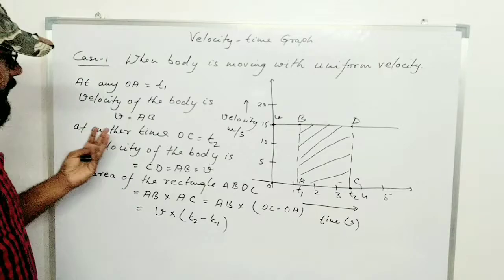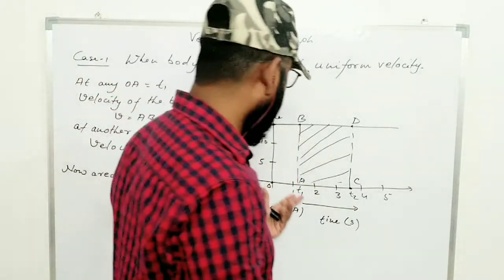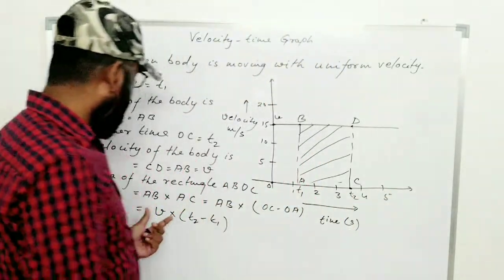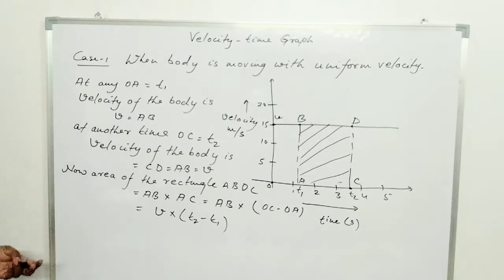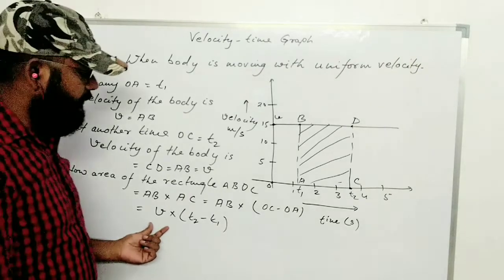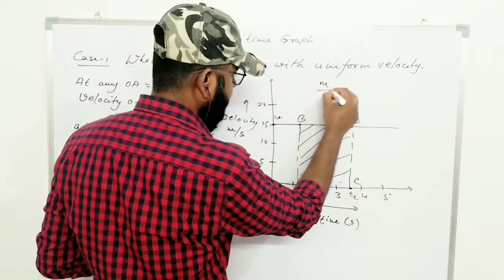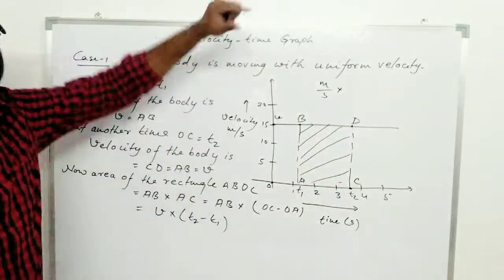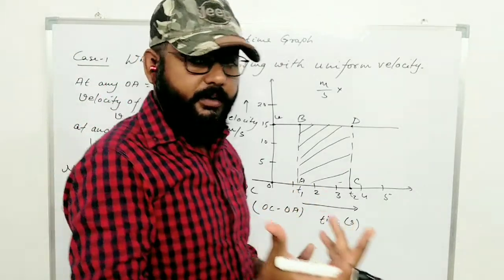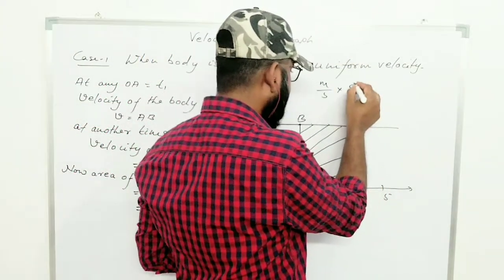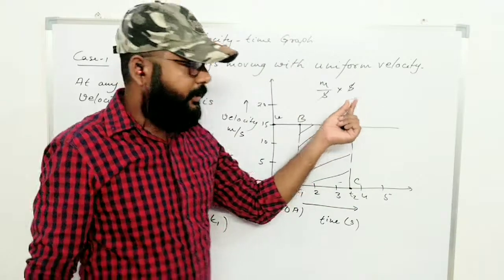So by the help of the velocity diagram, we are able to find the displacement of the body, as the product of velocity and time gives the displacement. See how: the unit of velocity is meter per second, and T2 minus T1 has the unit of time, second. Seconds cancel, and what will come?